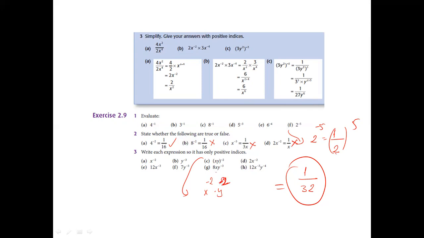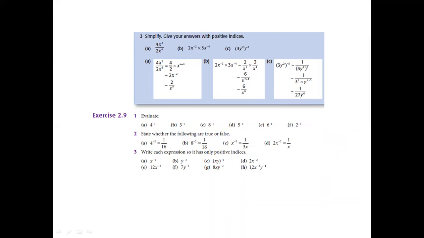Or directly, you change the places. So what we get is 1 over x squared times 1 over y squared. Shortly, you can write xy to the power of 2 in the denominator. And h, the last one, 12x cubed times y to the power of minus 4.